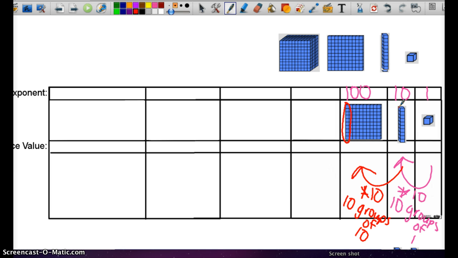Using the actual concrete manipulatives makes it that much more memorable to actually show the 10 times, the 10 trading out. So I would pull out 10 flats and group them all to form the 1,000 block.